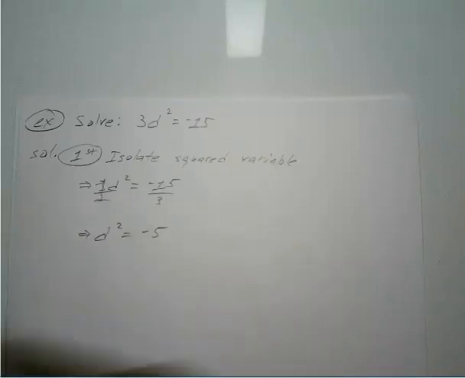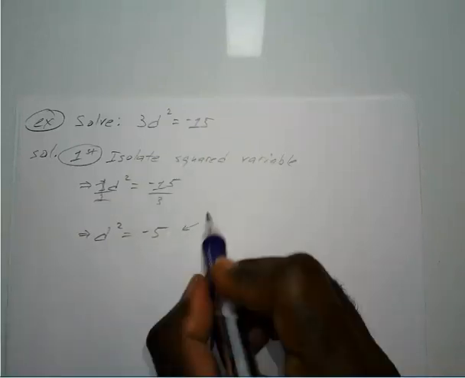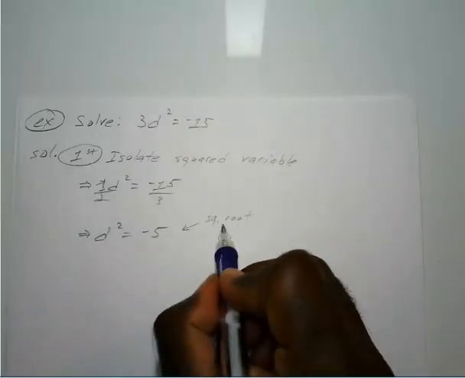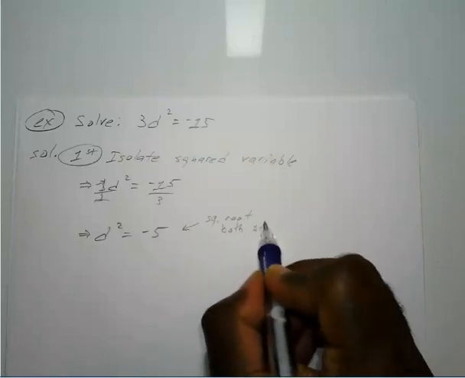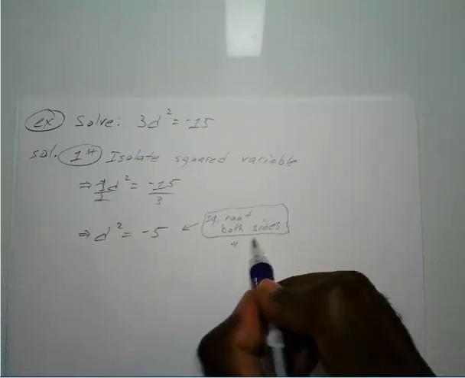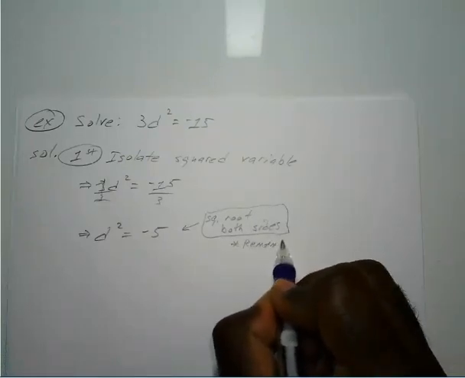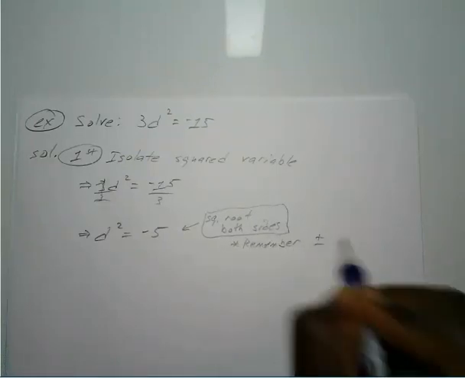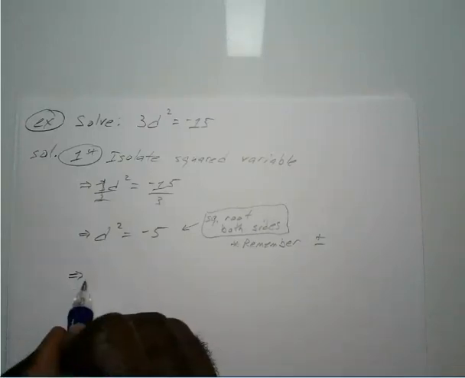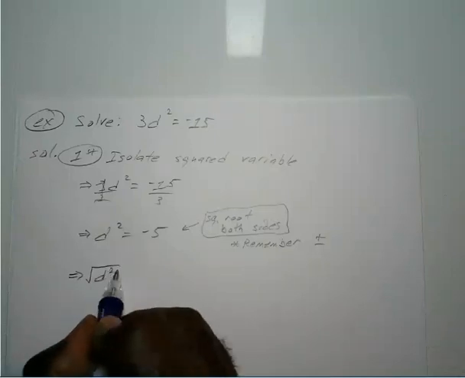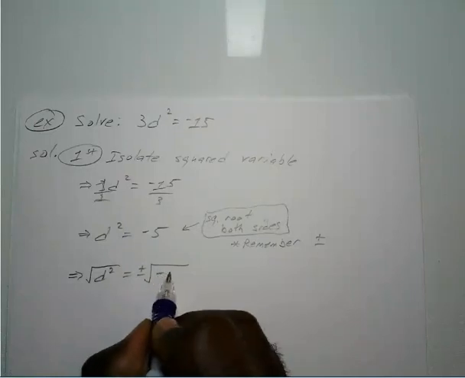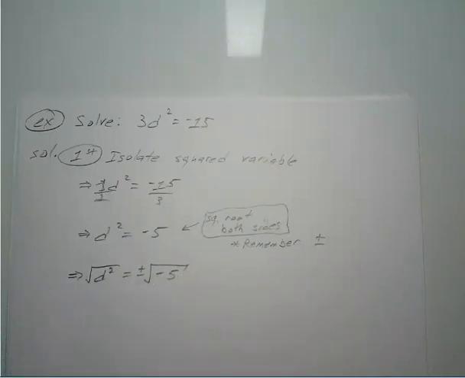Okay, and once we've isolated that, we just go ahead and square root both sides. And of course, you want to remember your plus or minus. So the square root of d squared is equal to plus or minus the square root of negative 5.